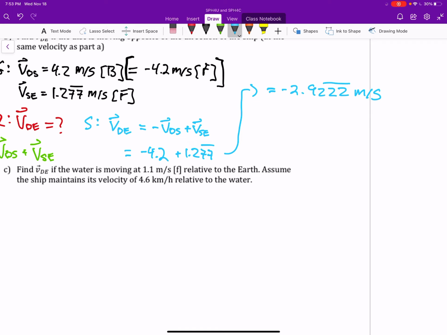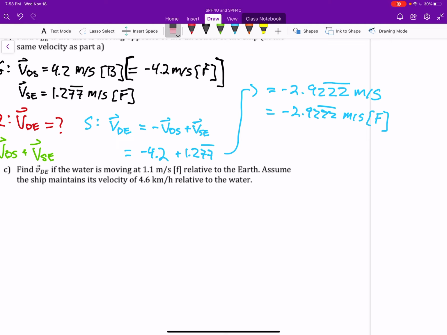And again, since this is negative, we can say that this is the same thing as negative 2.9222 repeating meters per second forward, because you might have seen this vector notation where you have the negative in front, right? So this is negative, but because we've flipped both vectors to be in the forward direction, our answer is still forward, but this negative value tells us that we would have to flip it, right?